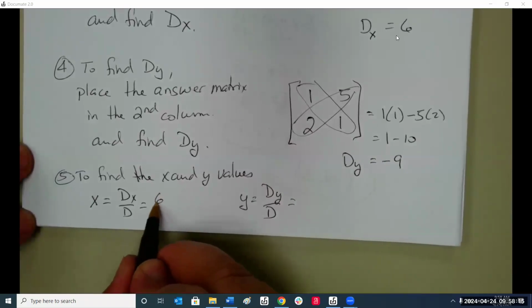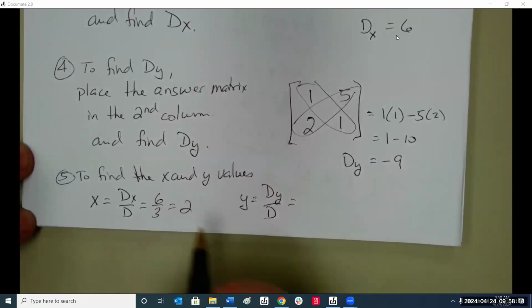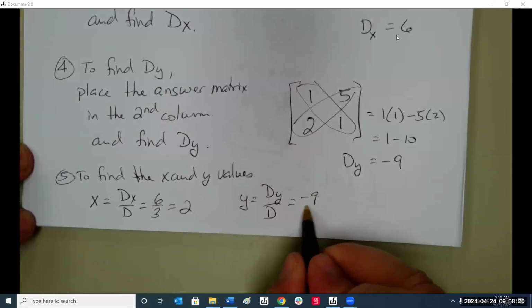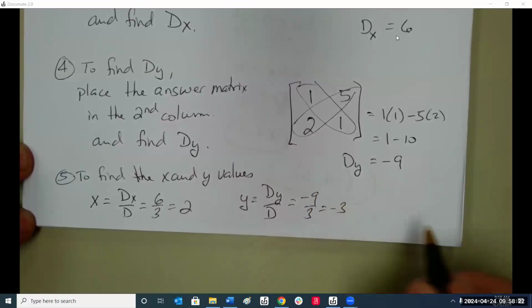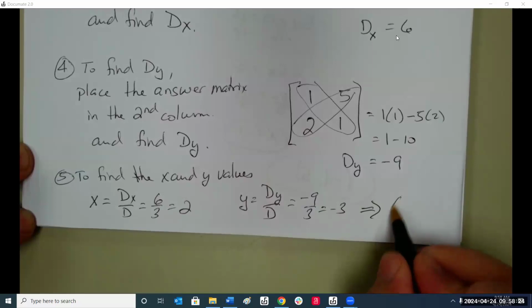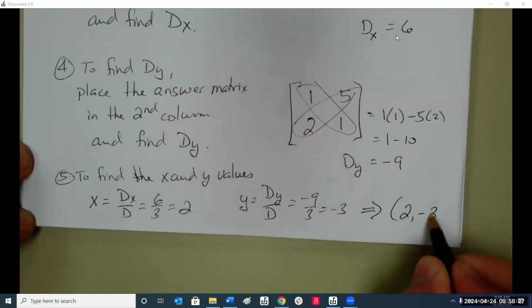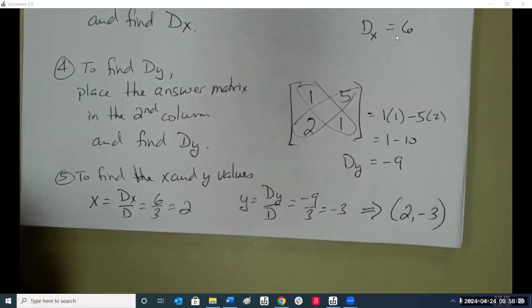So we have 6 over 3 is 2. -9 over 3 is -3. So your point of intersection is 2, -3.